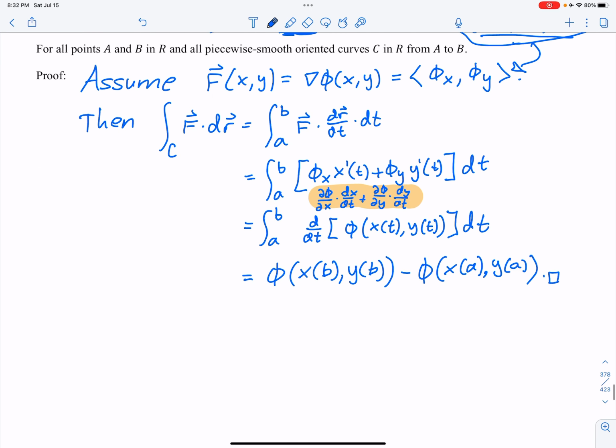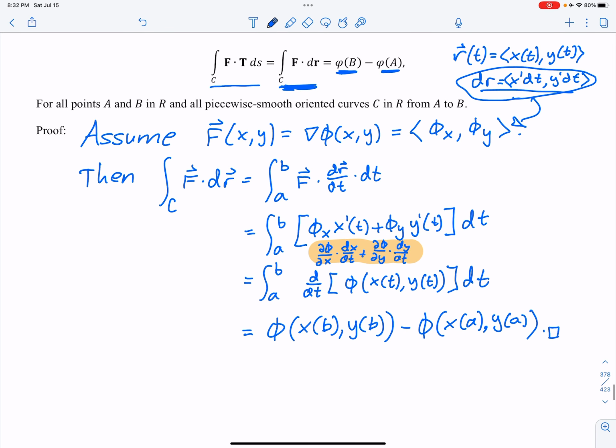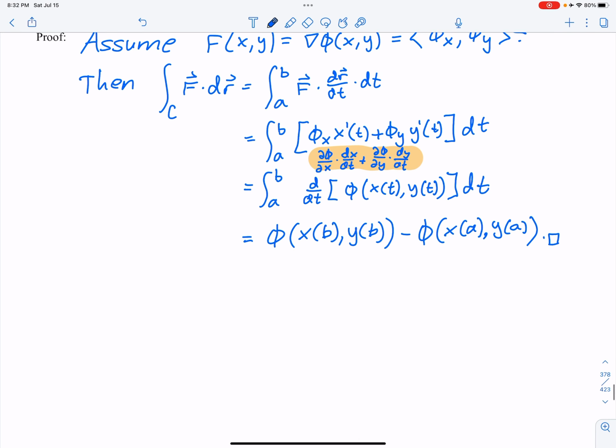One thing I want you to write down also is why this theorem makes sense. Our gradient is a derivative in some sense. So think Calc 1. Let me write this down, and then hopefully it'll come back to you.